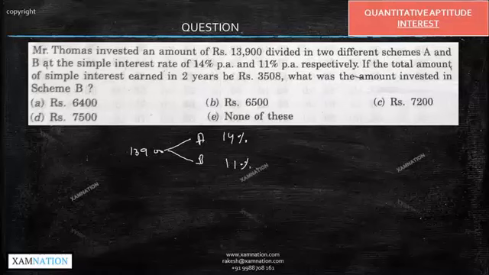If the total simple interest earned in 2 years is 3508, what was the amount invested in scheme B? We need to find the amount invested in scheme B.